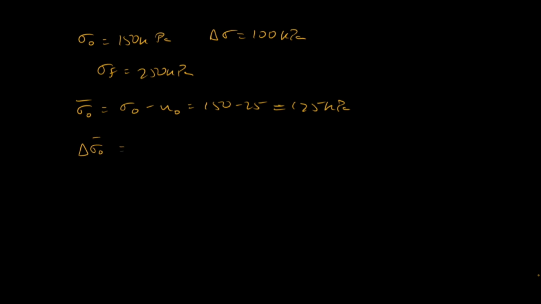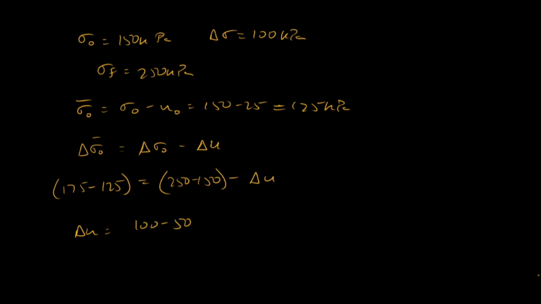Change in effective stress will be equal to change in total stress minus change in pore water pressure, which is U. So change in effective stress is 175 minus initial effective stress 125, and change in total vertical stress is 250 minus 150, minus change in pore water pressure. So delta U will be equal to 100 minus 50, which is 50 kilopascal, which is U.